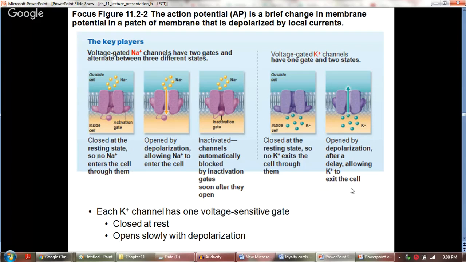That is a very slow process compared to the sodium channels. So each potassium channel has one voltage sensitive gate, sodium has two gates, potassium has one gate. Potassium channels are closed at rest, they open slowly with the depolarization. So that's why more sodium comes in quickly with the depolarization process.